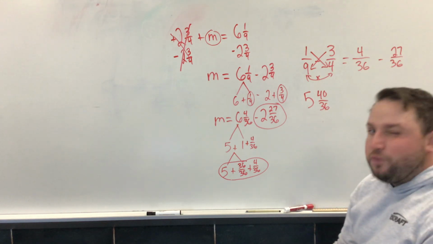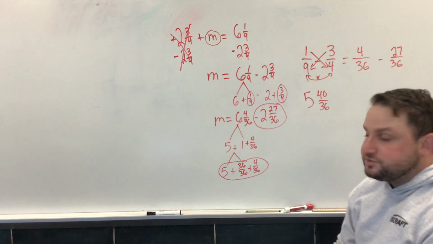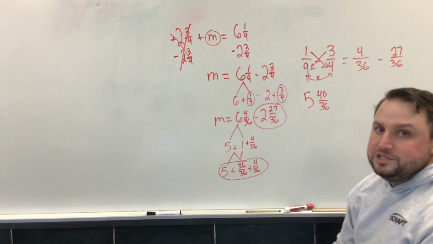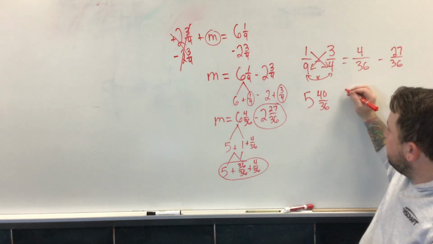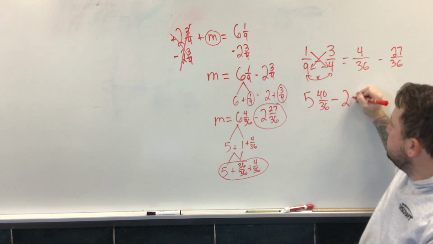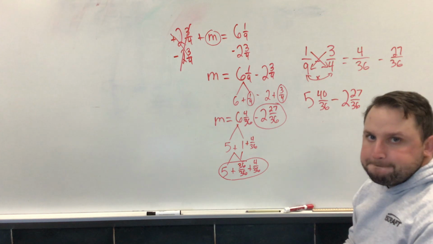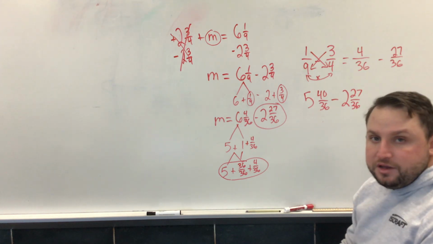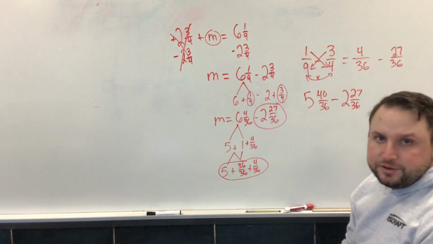The reason that we're getting 40/36, we broke apart that 6 into 5 plus 1, broke apart that 1 right here into a whole, which is 36/36, so that we can add that 4/36. So we have 5 and 40/36 minus 2 and 27/36. Okay? If you're confused, pause the video, rewind, figure out how I got to 40/36.